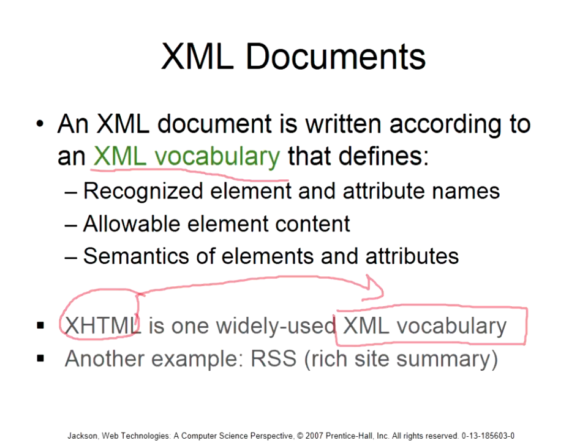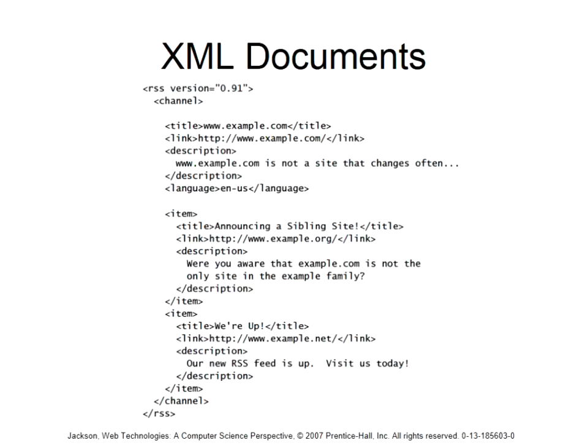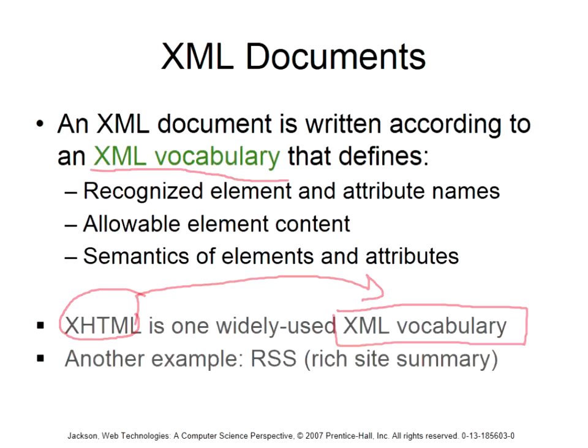For example, the vocabulary of our previous example contains bookstore, book, year, price, author, and title as tags, lang as an attribute of title, category as an attribute of book, etc. XHTML is one widely used XML vocabulary.